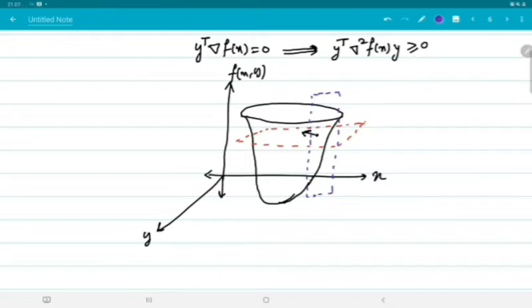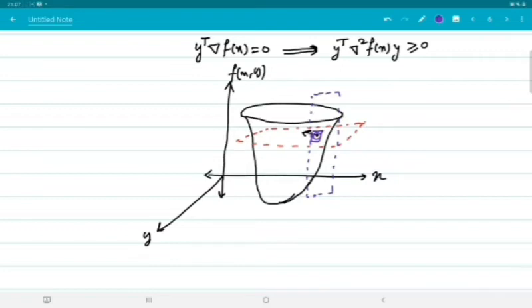It should be bulging outwards in all directions except one direction. For example, in this figure itself, this point we have taken, if we are trying to draw a small sheet around this point, it will have a saddle kind of structure which is bulging outwards in one direction and inwards in the other direction.